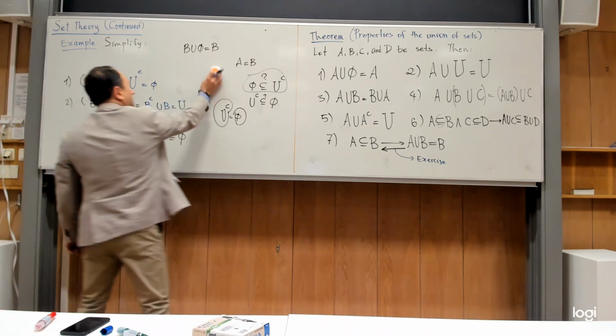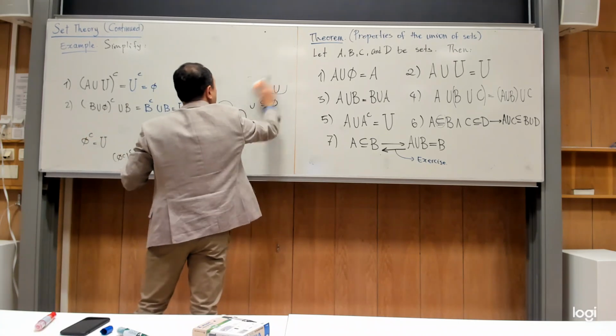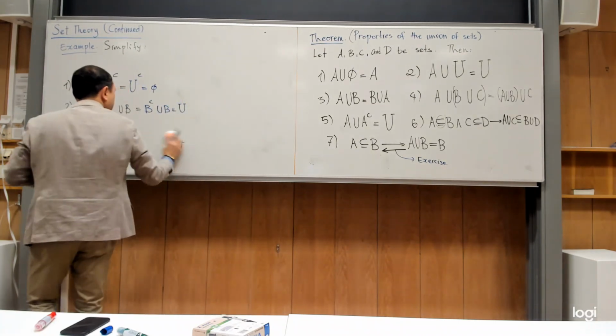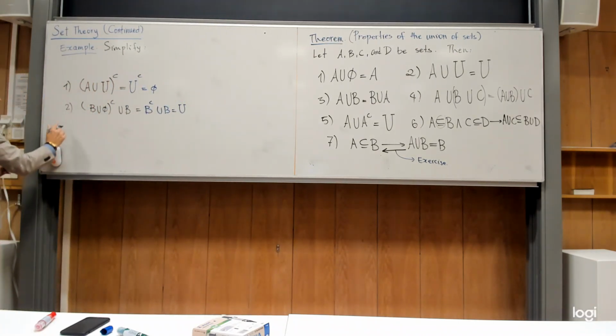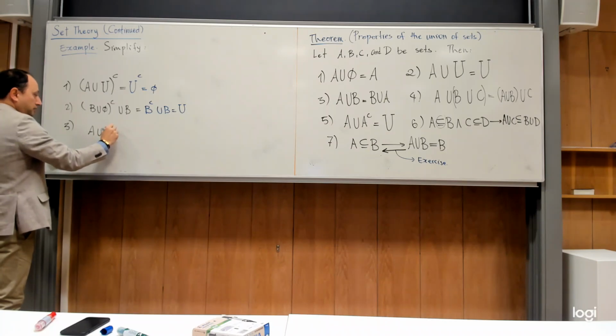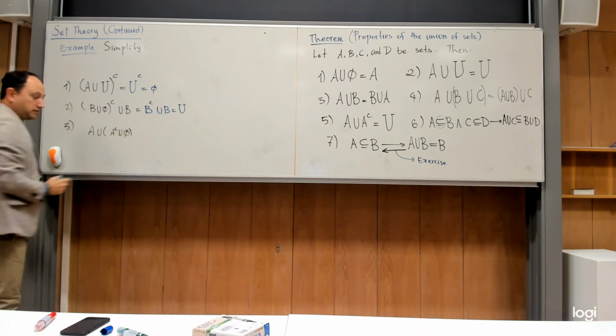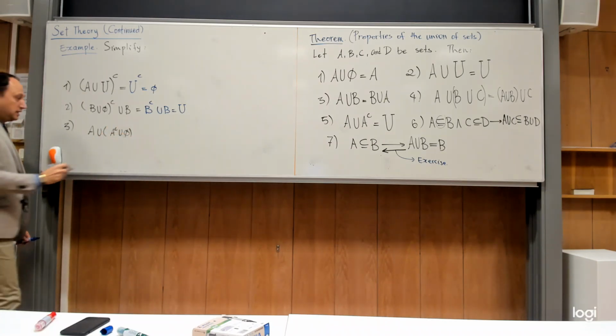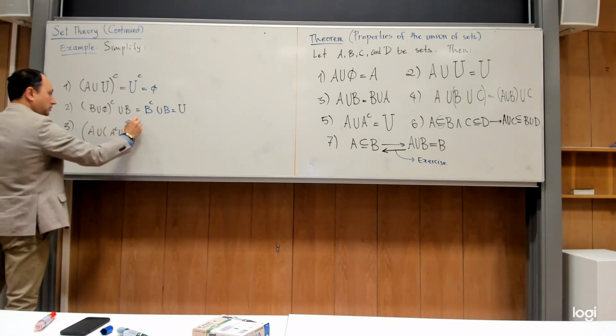Okay. Let me write you one more here. Number 3. I have written something like this: A union, A complement, union, the empty set, and the whole package complement.